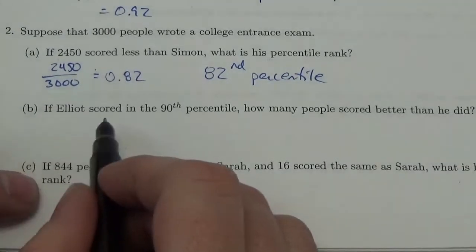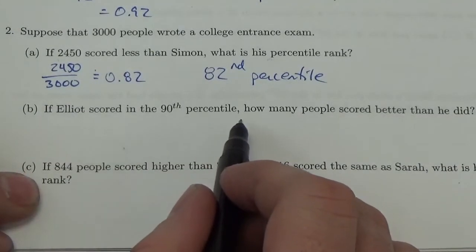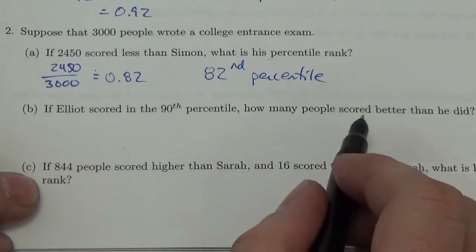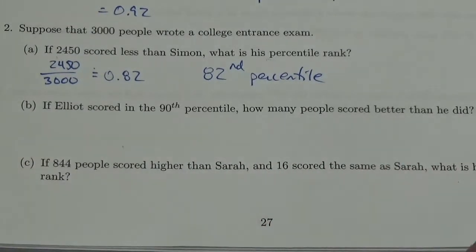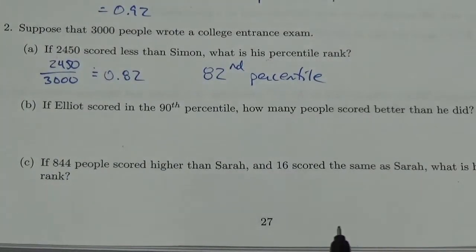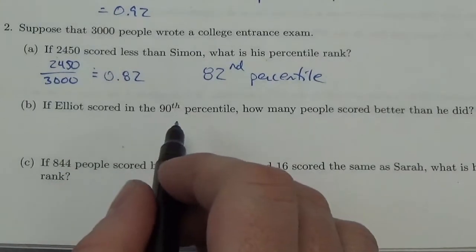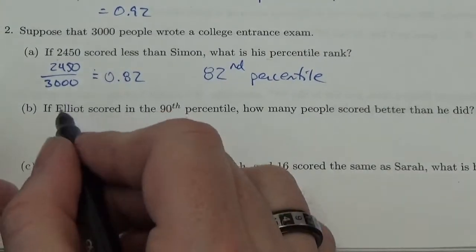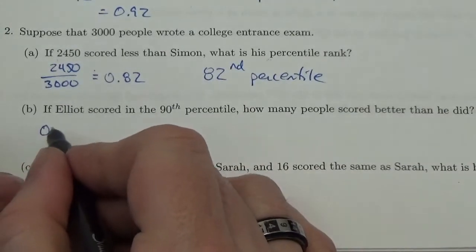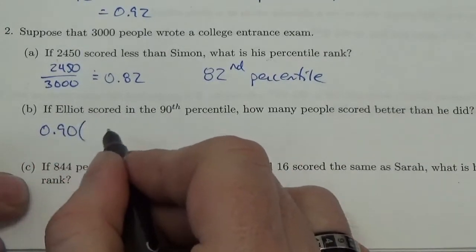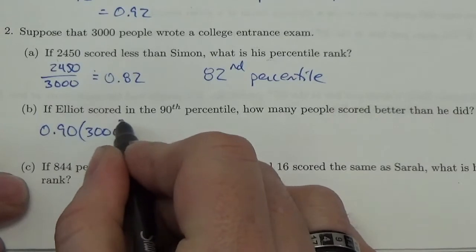Now, if Elliot scored in the 90th percentile, how many people scored better than he did? We have to make a bit of an assumption here, and this would be a little bit easier to talk about in class, but we'll just walk through it. If he scored in the 90th percentile, that means he did better than 90% of the group. So 0.90, 90% of 3,000.